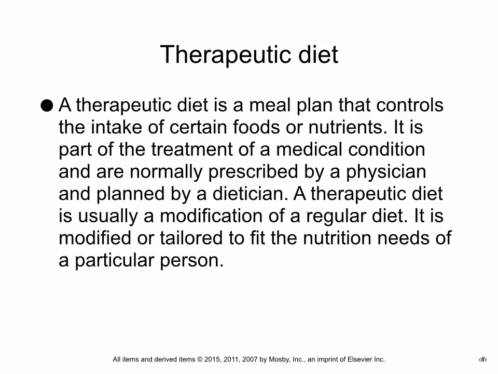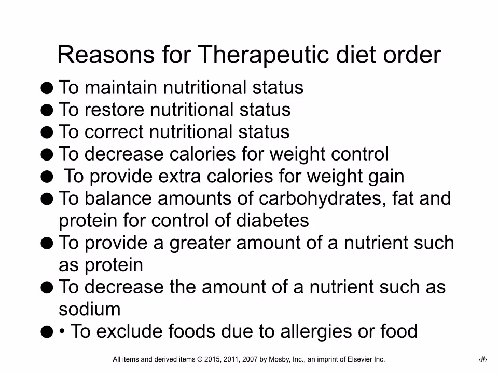Let's go to the next slide. The next slide is why a therapeutic diet is ordered. It is ordered to maintain nutritional status, to restore nutritional status, like if somebody is underweight or overweight, or to correct nutritional status.